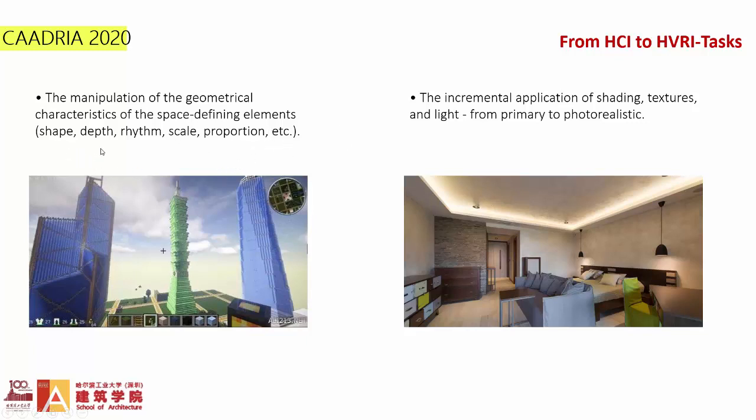In a sense, we should have a better understanding of how virtual reality can be achieved in terms of shape, depth, rhythm, scale, and proportion, such that the experience is more than just a 3D model on a screen, and you can have much more perception in this area.